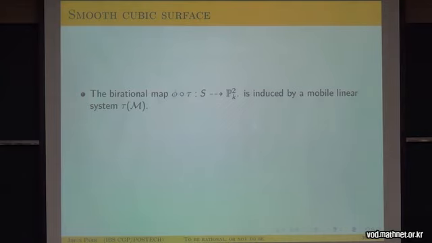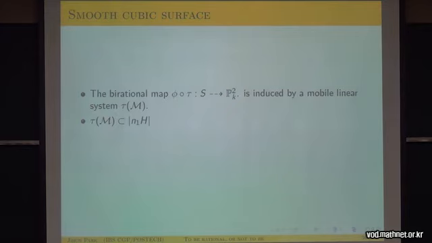We make a round trip on S, and then we go to P2 along pi. So that's another map, and this birational map is induced by the new mobile system, which is exactly tau of M. And we check this tau of M sits in n1 times H.